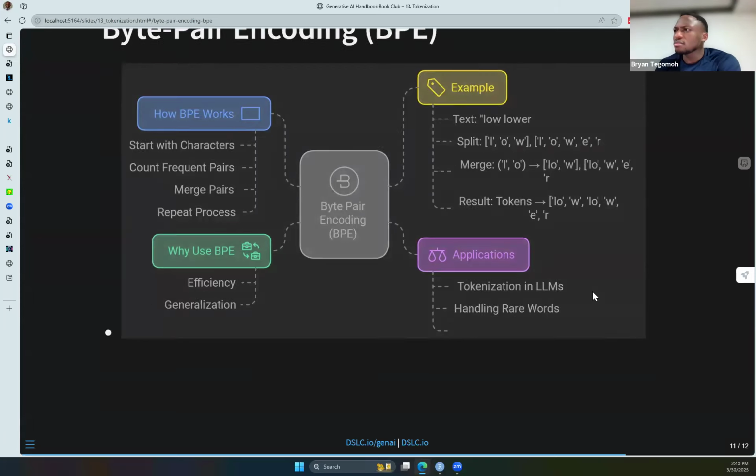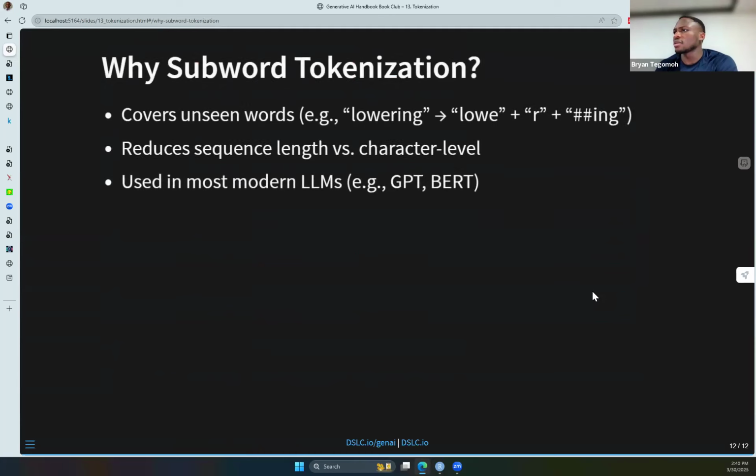So why subword tokenization? Like I said, it covers unseen words. It reduces frequency, length, and character level issues, and it's used in most of the modern LLMs that we have today. So that's pretty much it for tokenization.